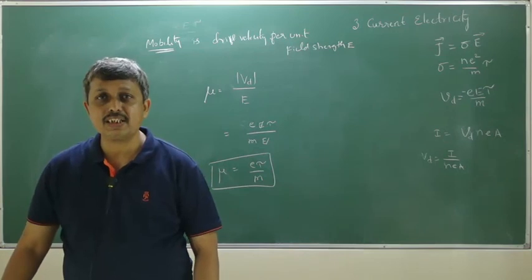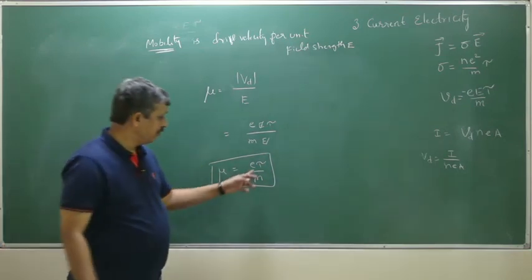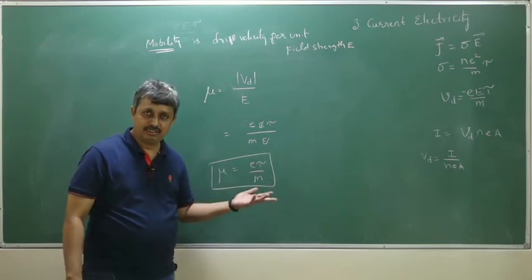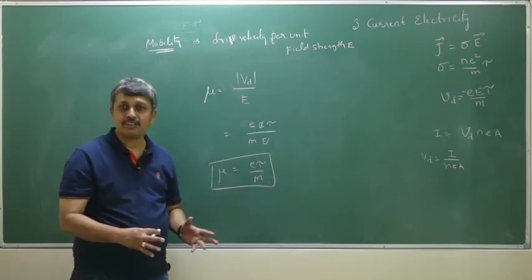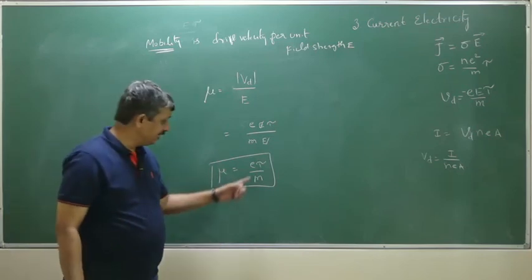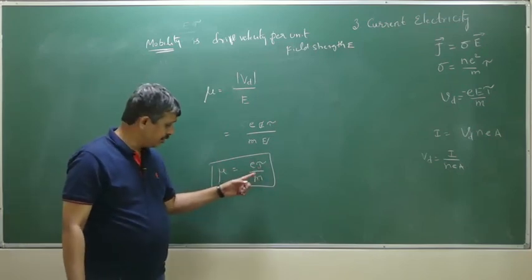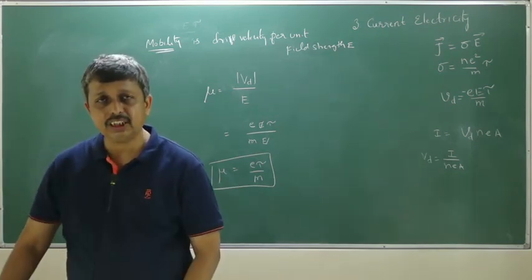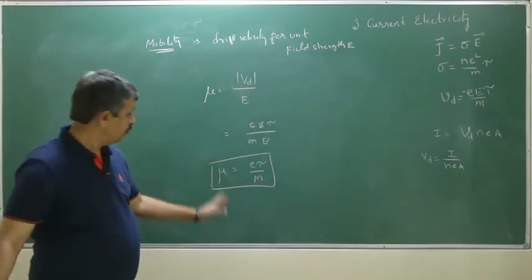That means it is very nicely mobile if the relaxation time is high, meaning it is not hitting anything. So that is the environment variable, whereas E and m are specific to that carrier, charge and mass. So this is called mobility.